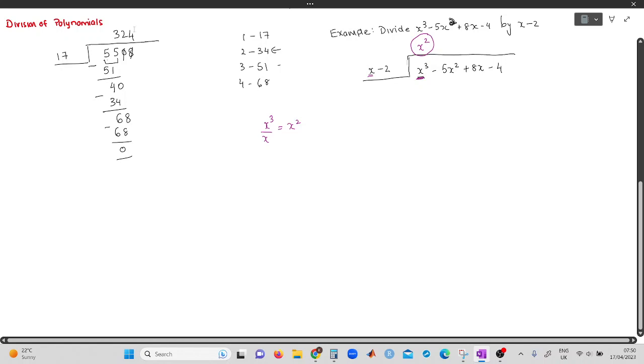The first example of normal numbers that we have done. We did 5 divided by 17. We did not gain anything, it is 0.